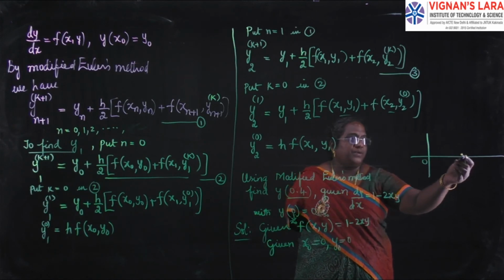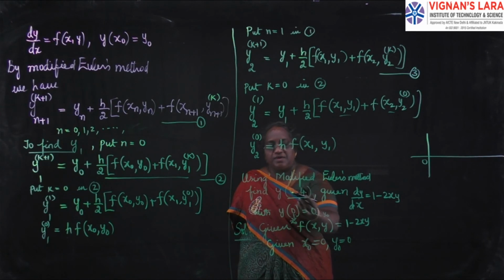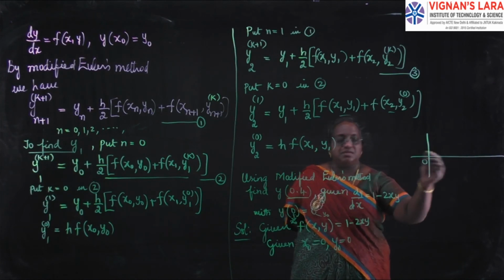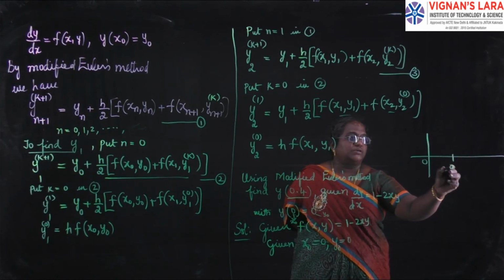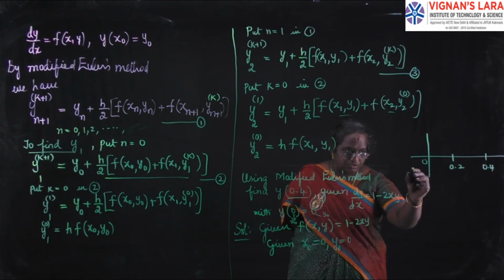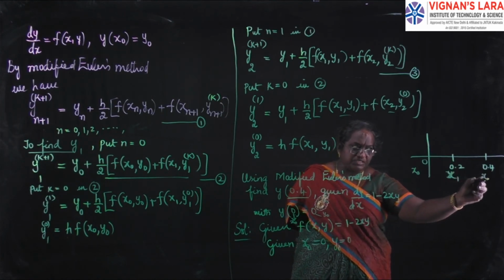Depending upon the marks, you can take: if it is for 5 marks, you can take h is equal to 0.4. If it is for 7 or 8 marks, you have to take h as 0.2, which means you have to calculate y1 and y2. So this is x0, this is x1, this is x2.